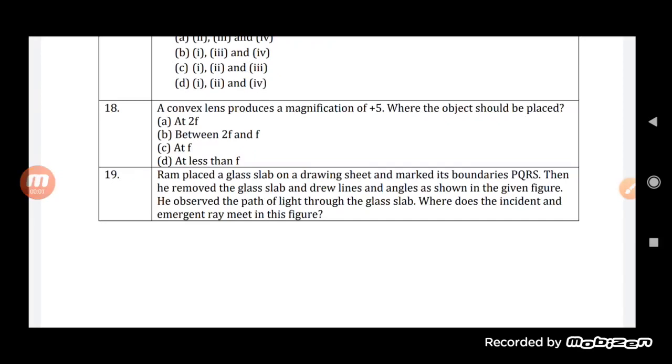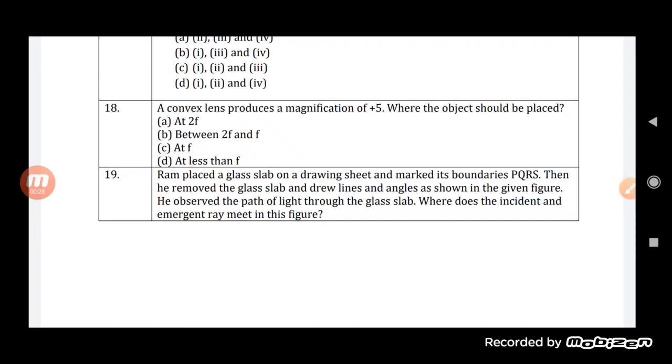So here, question number 18, a convex lens produces a magnification of +5, where should the object be placed? Now the convex lens is producing a magnification of +5. So what does magnification mean? It means the image which is formed here is an enlarged image. So where will we get that magnification, students?